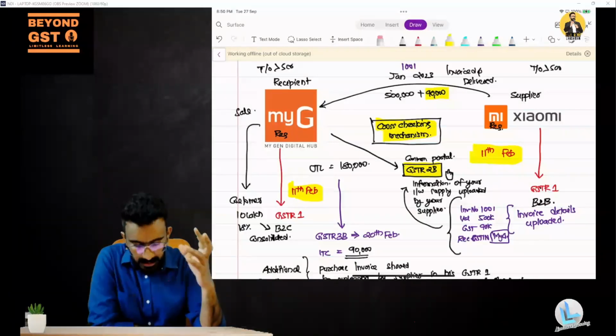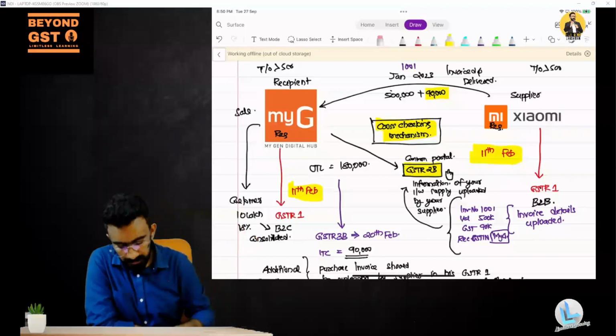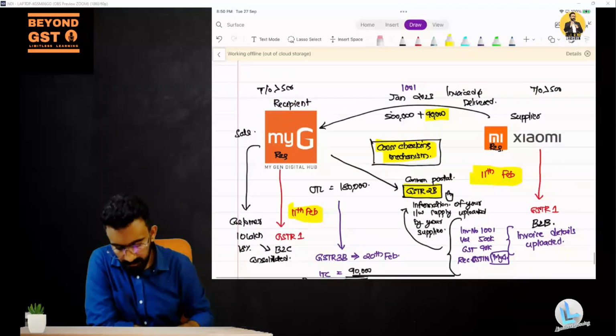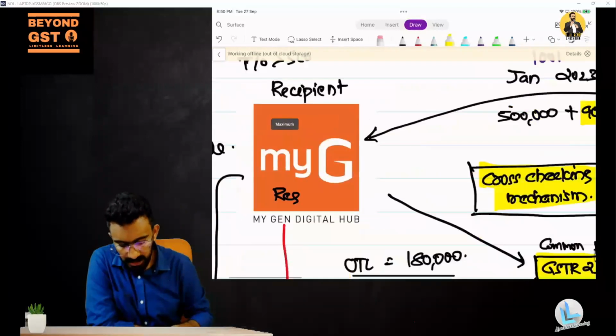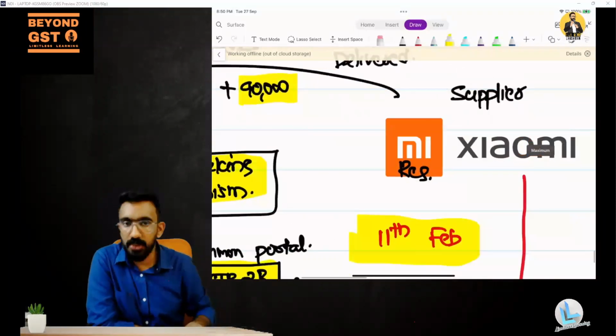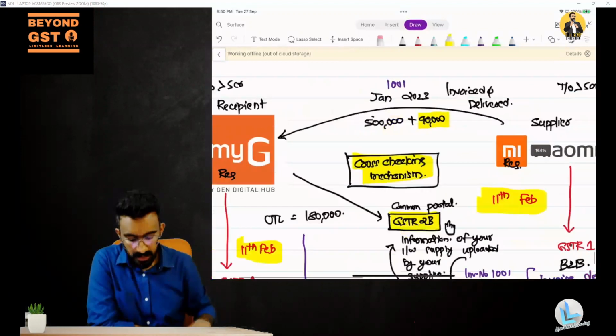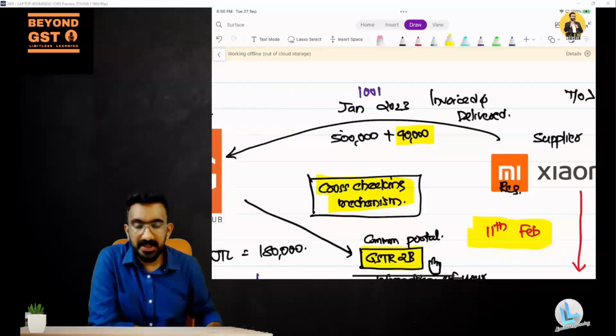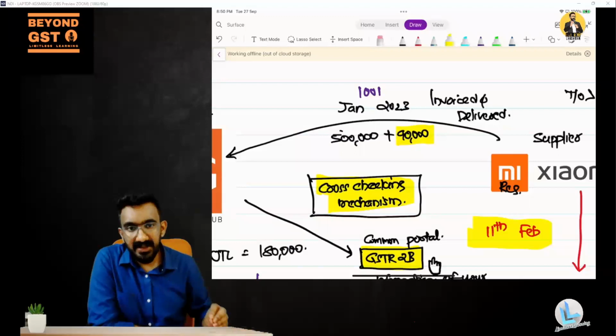There is Xiaomi and MyG. Our friend MyG is purchasing certain goods from Xiaomi. How much worth of goods are being purchased? 5 lakh worth goods with 90,000 GST. The goods were delivered and the invoice was given to MyG in the month of January 2023.